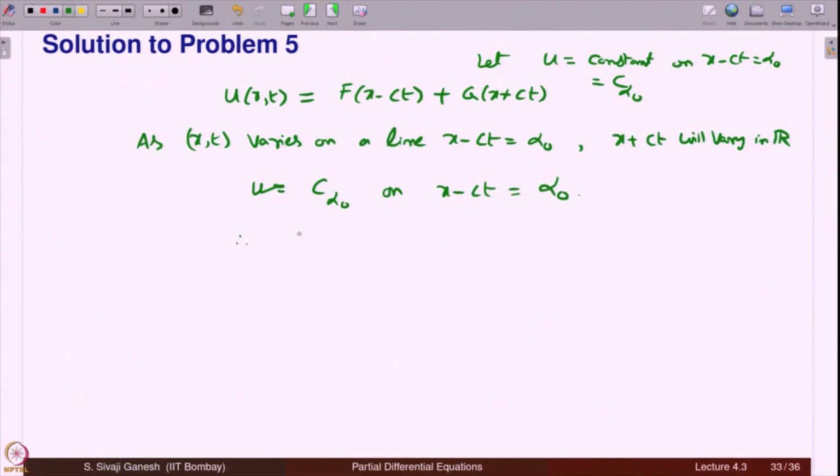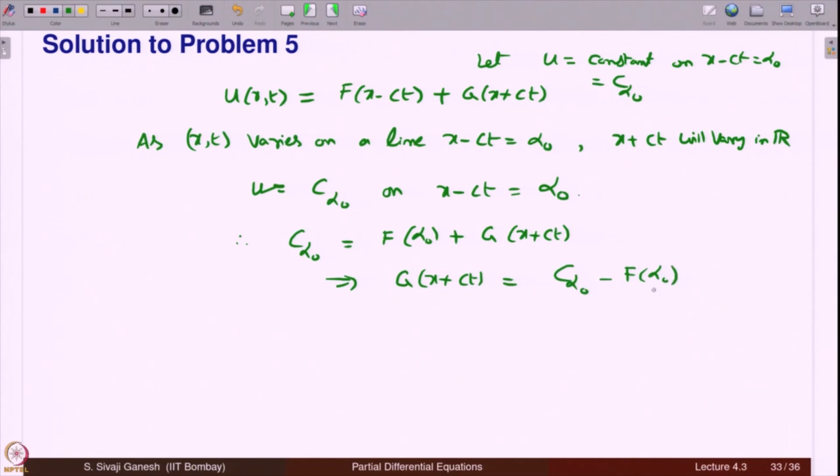Therefore, c alpha naught is equal to f of alpha naught plus g of x plus ct for all the (x, t) which are on this line. That implies that g of x plus ct is equal to c alpha naught minus f at alpha naught. It means that the function g is a constant function.